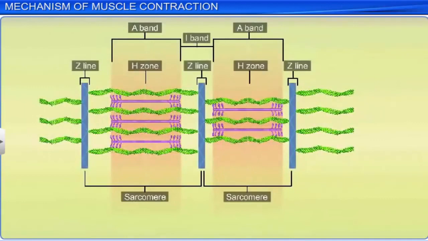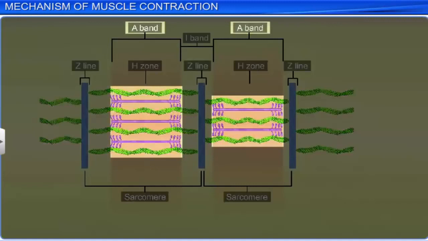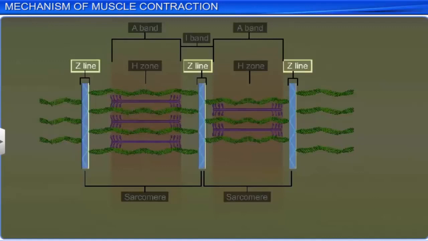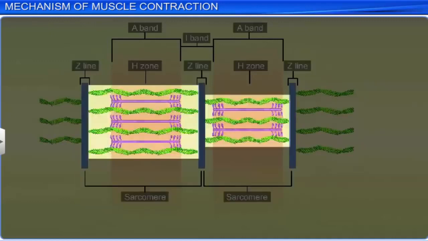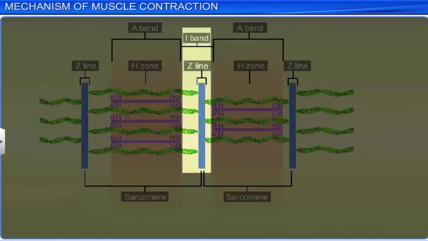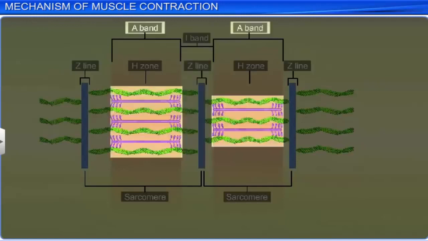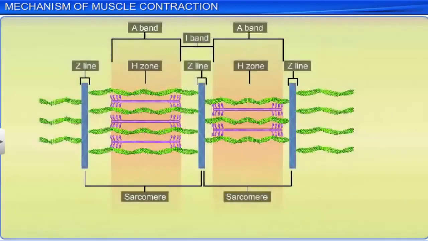They pull the attached actin filaments to the center of the A band. Moreover, the Z line attached to the actins is also pulled inwards, shortening the sarcomere, thereby causing a muscle contraction. During the contraction, the I bands are reduced, whereas the A bands retain their length. Interestingly, the filaments do not change in length, but merely slide over one another during a contraction.